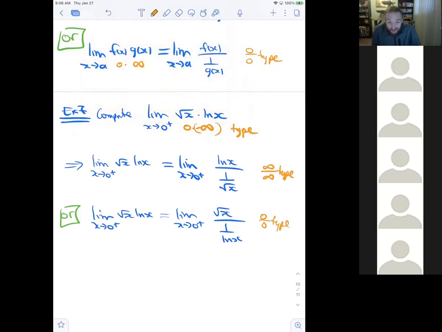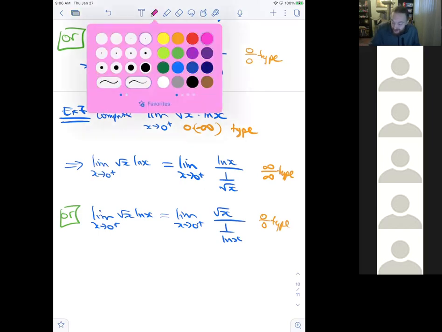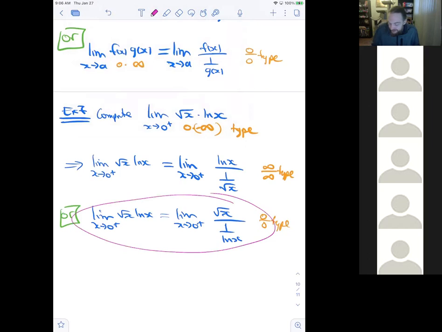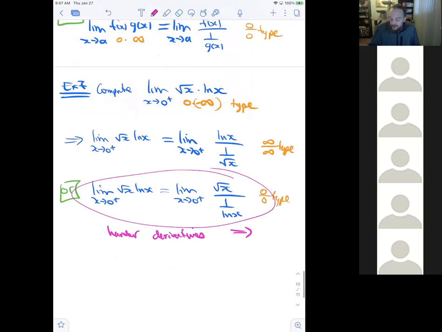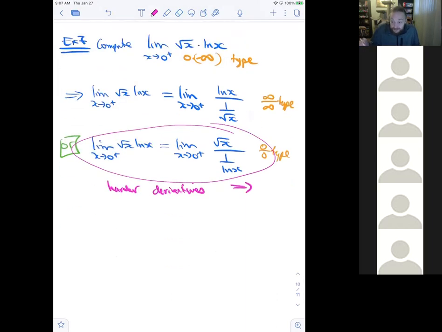Do you want to take the derivative of 1 over log? Because that's log to the minus 1. It seems like this second one is harder to take the derivatives of. So I'm going to pick the first one.